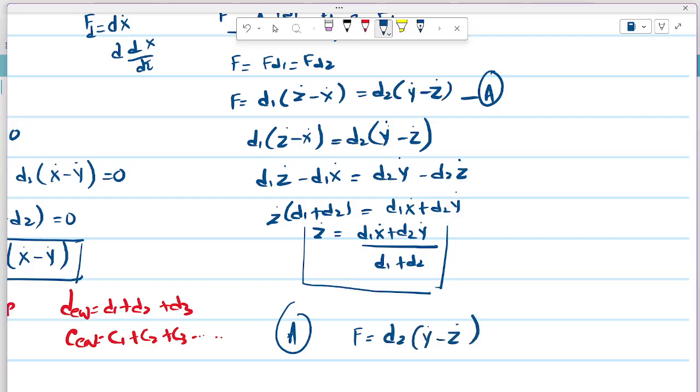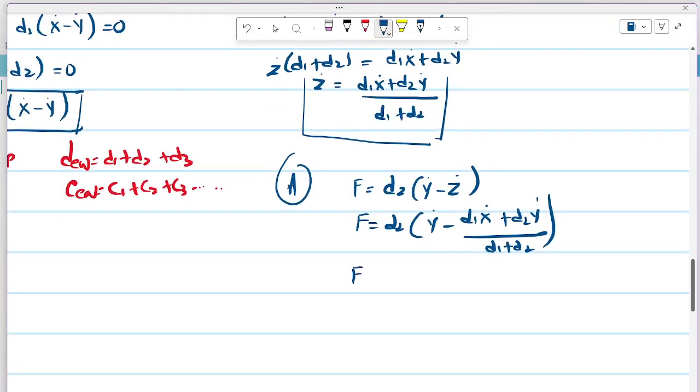We can substitute this ż into this equation. Choose any of these: F equals d2 (ẏ minus (d1 ẋ plus d2 ẏ) divided by (d1 plus d2)). So this is what we have now.